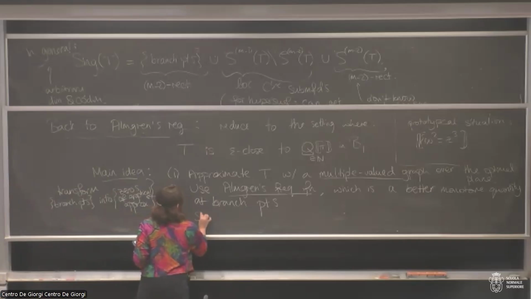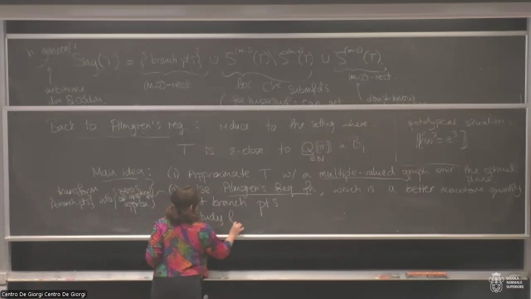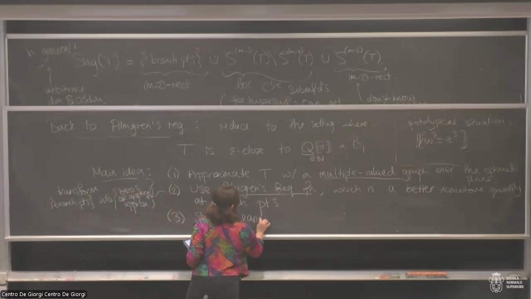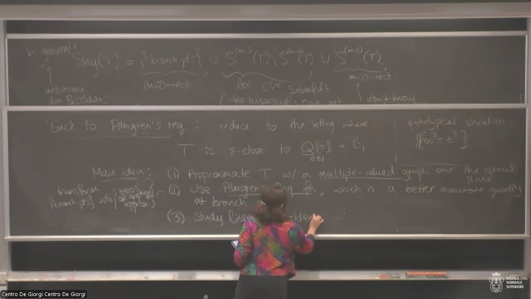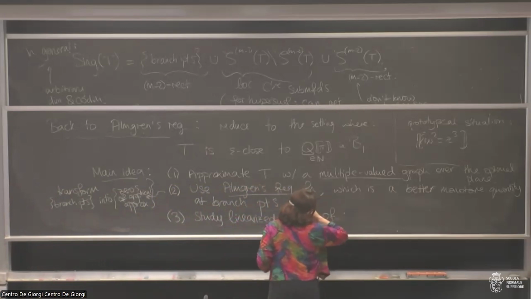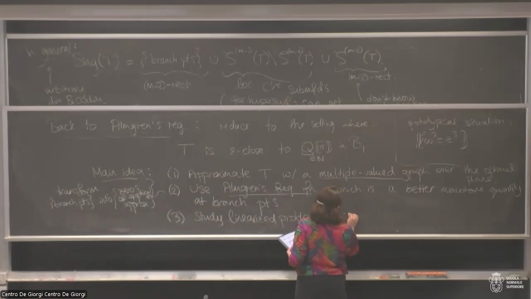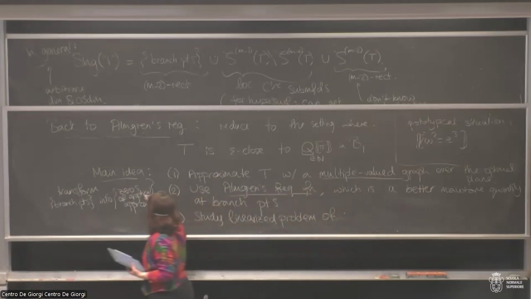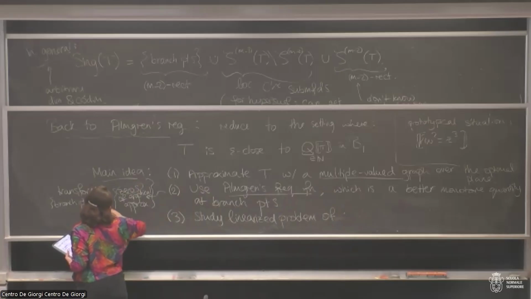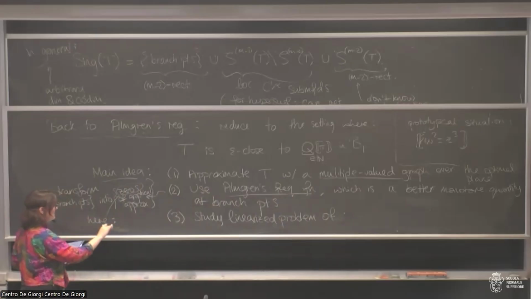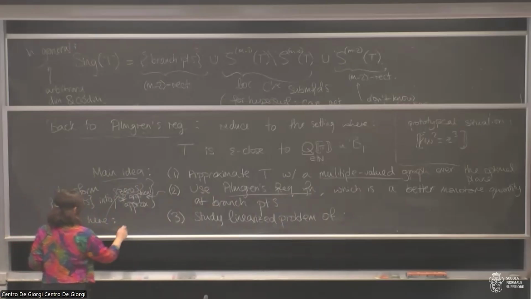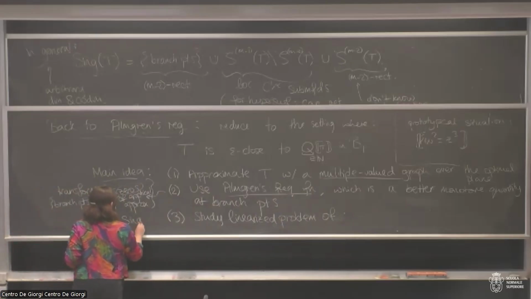So study the linearized problem. When I say zeros, it's zeros classically, but here they're really like singularities where all the sheets are collapsing together simultaneously.